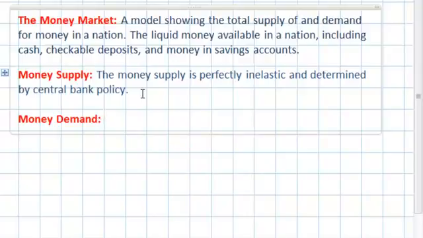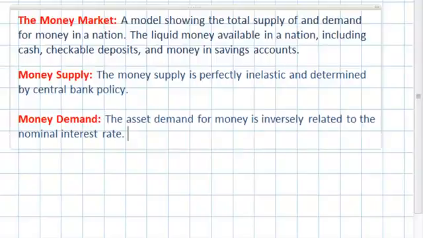Now, how does my demand for money relate to the interest rate in the economy? The demand for money as an asset in a nation is inversely related to the nominal interest rate that investors could earn by using that money to buy other assets. Since money is typically an asset that does not earn interest, at lower interest rates in the economy, more people will demand money as an asset.